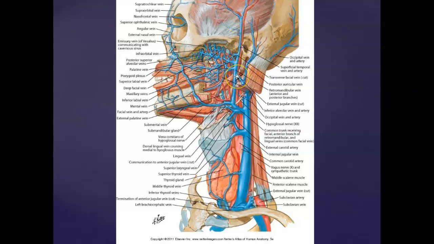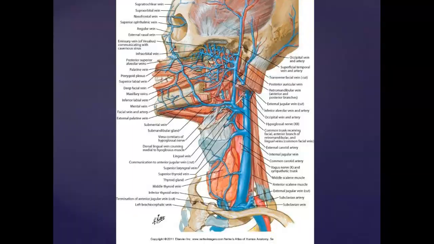It's also going to drain some of the posterior auricular vein right here, coming down outside of the sternocleidomastoid, and you can see it goes directly into the subclavian vein right there. So it's next to the internal jugular, but kind of lateral to that.